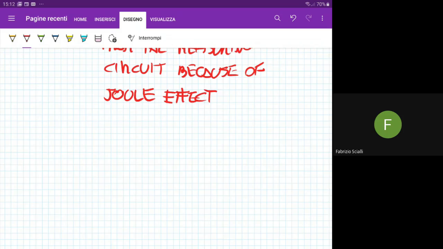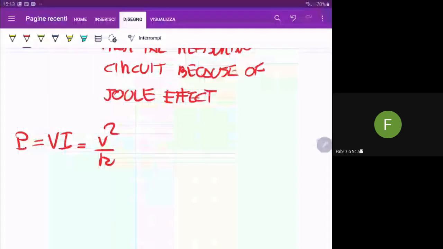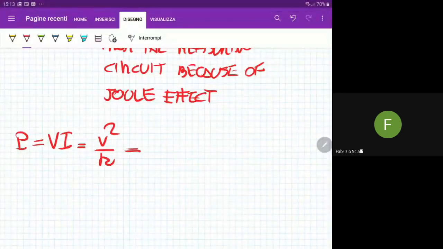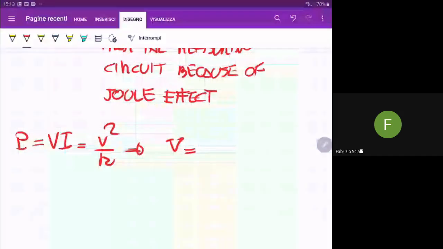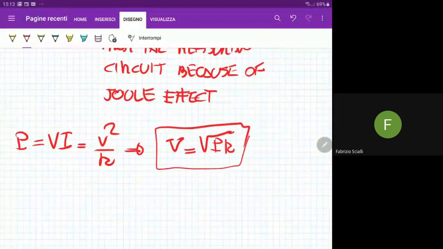Remember, the power in an electrical circuit is given by the product of tension and current, VI, and that is also rewritten in terms of tension and electrical resistance. Thus, your tension could be related to the power and resistance by this equation, and that is your starting point.